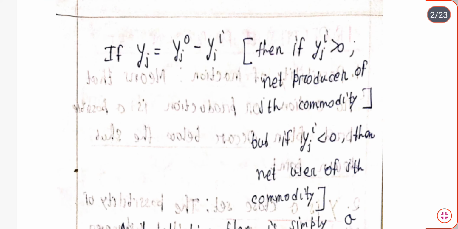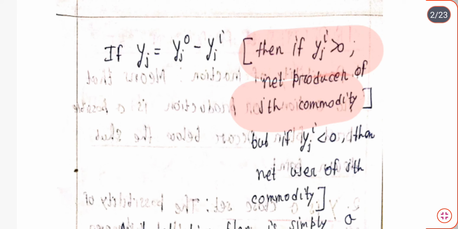Now what is yj? yj is the subtraction of yj0 minus yji. When yj is greater than 0, the jth commodity is a net producer.